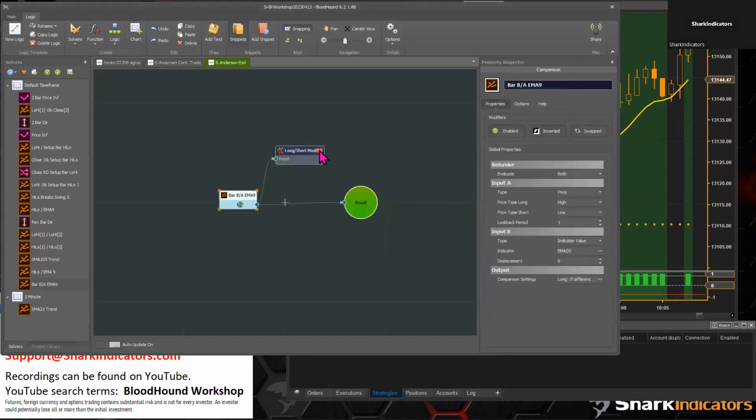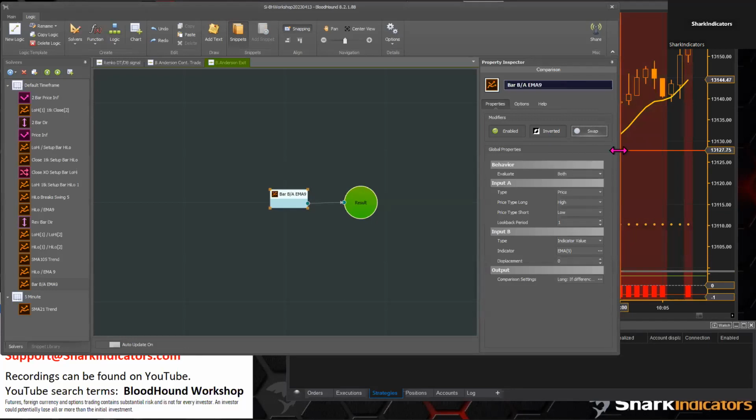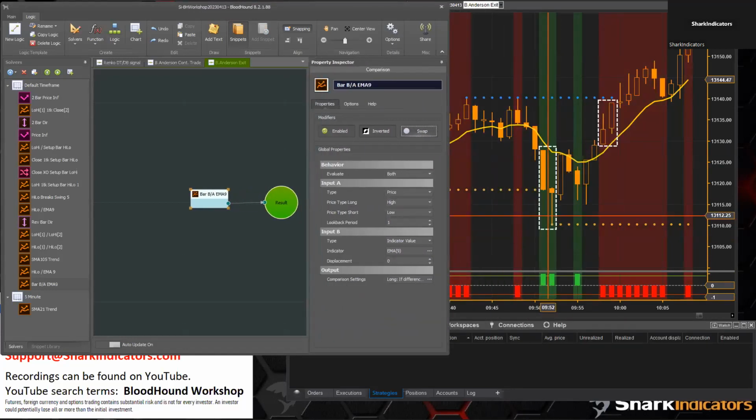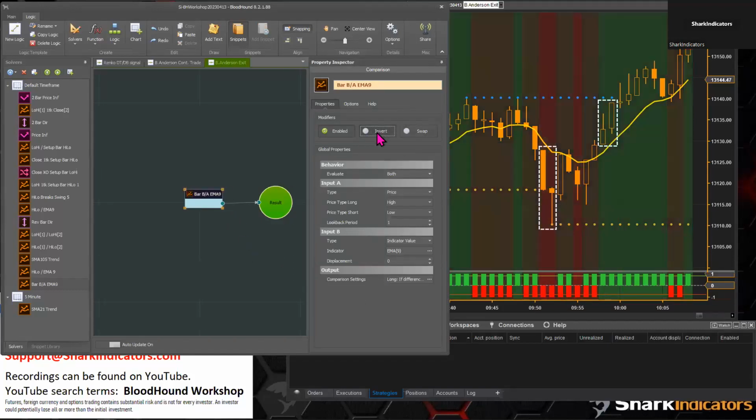right? So let me get rid of that guy. Yeah. So let's just look at the invert only. Right. So the invert only left us with a long output. Right. So let's turn the invert off.